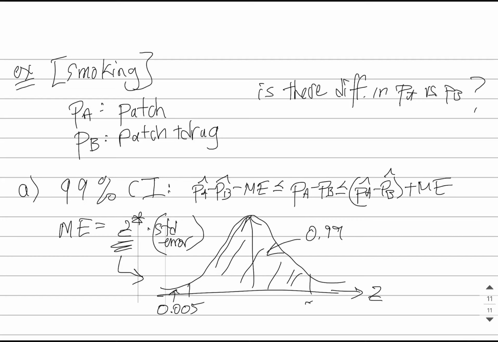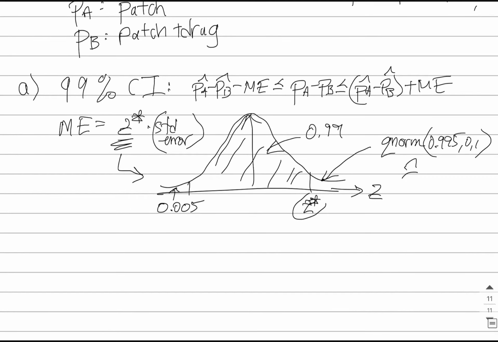And that means that I can determine this Z critical value using R. I will use the qnorm function, and I'll put 0.995, 0, and 1. And this will get me the correct value that I need. And so you can print that out in R as you need. And then once you've got this value, you can construct your confidence interval from above.